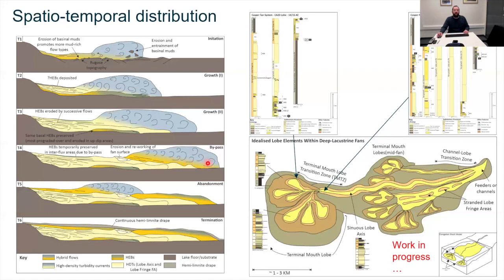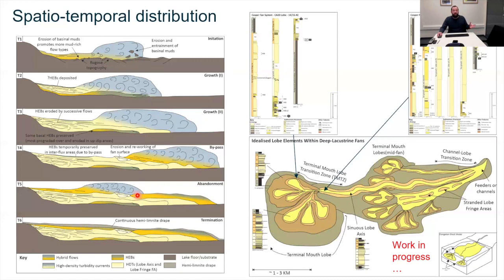So at that point, you start to deposit your hybrid event beds out in the distal part of the fan. Here, you preserve some of those out in this zone, in those distal extremities where we saw lots of hybrid event beds being found during the abandonment phase. The temporal abandonment phase in those locations might relate to just the preservation of the hybrid event beds and non-deposition of the abandonment phase, if that makes sense.